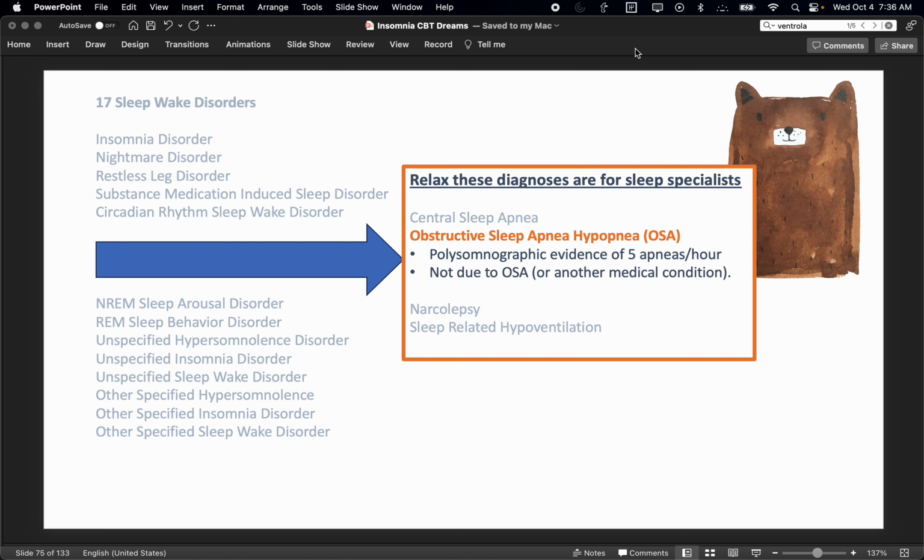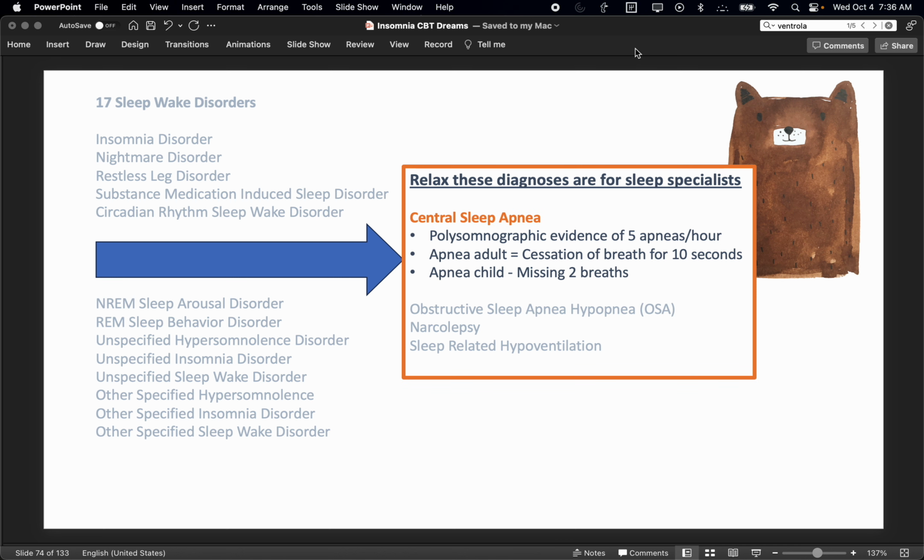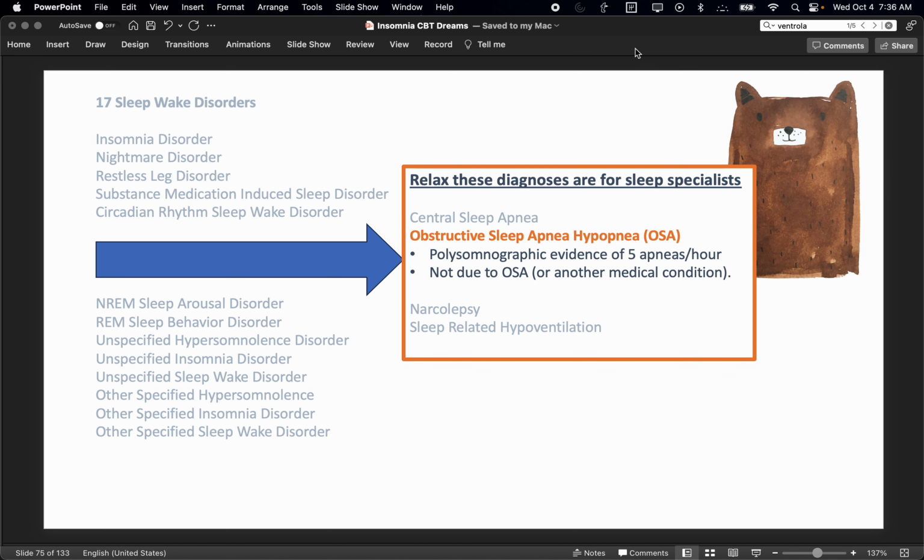So this is central sleep apnea, which just means that you're not breathing because the brain's not telling you to breathe. Obstructive sleep apnea, OSA, is more because of body habitus and the buildup of tissue in the throat.